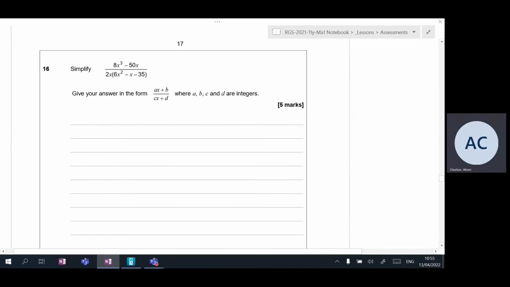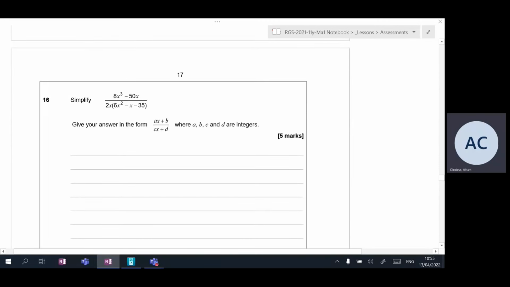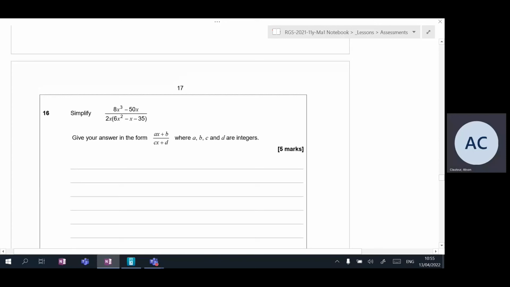Question 16, so more algebraic fractions. Remember, you just want to factorise as much as possible. Okay, so 8 and 50, I can take out 2 and an x in the numerator.